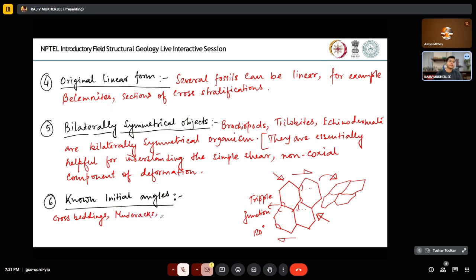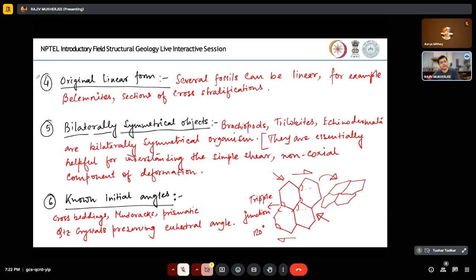Then you can have prismatic quartz crystals preserving the euhedral angle. So these are examples of strain markers that can ideally be used to interpret the amount of strain, right?